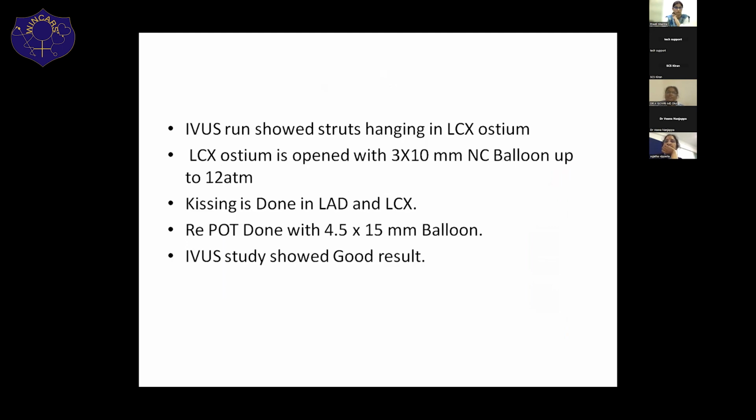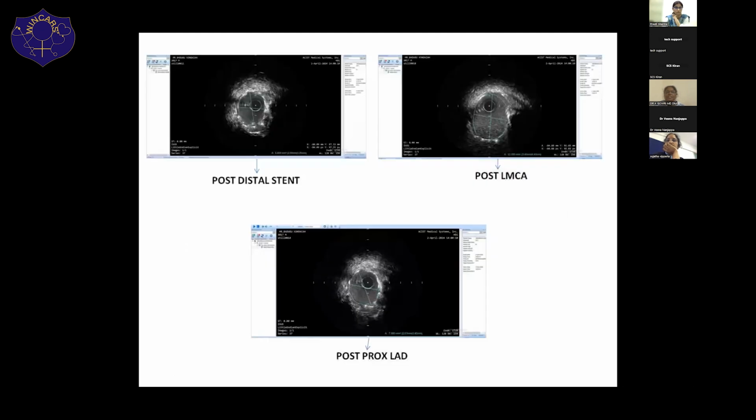After this, we removed the LCX wire, and we saw that the LCX ostium stent struts were hanging. We crossed it and opened it with a 3x10 mm NC balloon, and kissing was done. Again, POT was done with a 4.5x10 mm balloon.